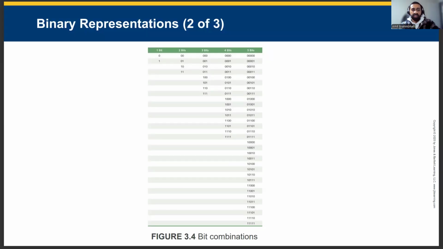The figure reinforces the idea that increasing the number of bits dramatically increases the number of representable values. This concept is central to memory design, character encoding, and numerical representation. Understanding how bit combinations work helps explain storage limits and the relationship between bit length and representational capacity.